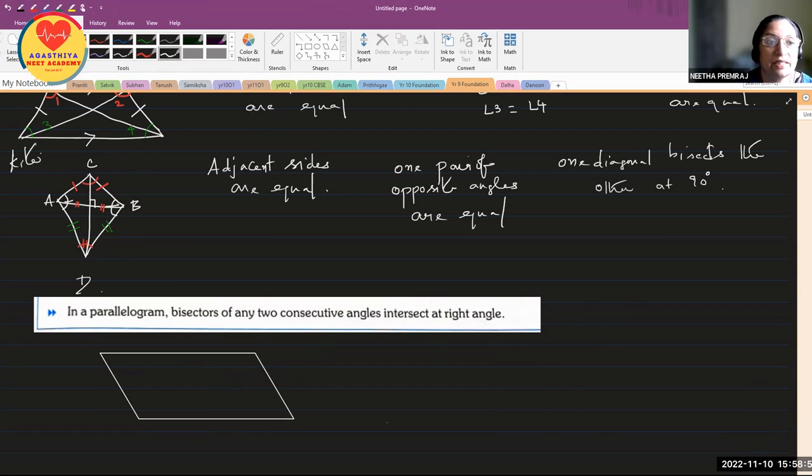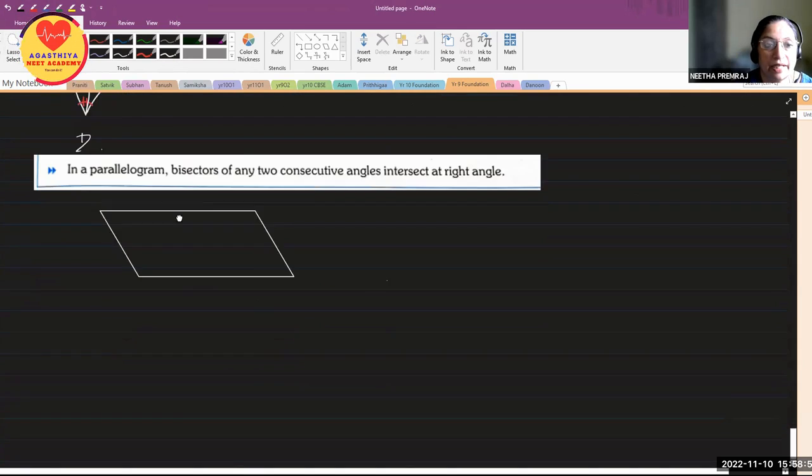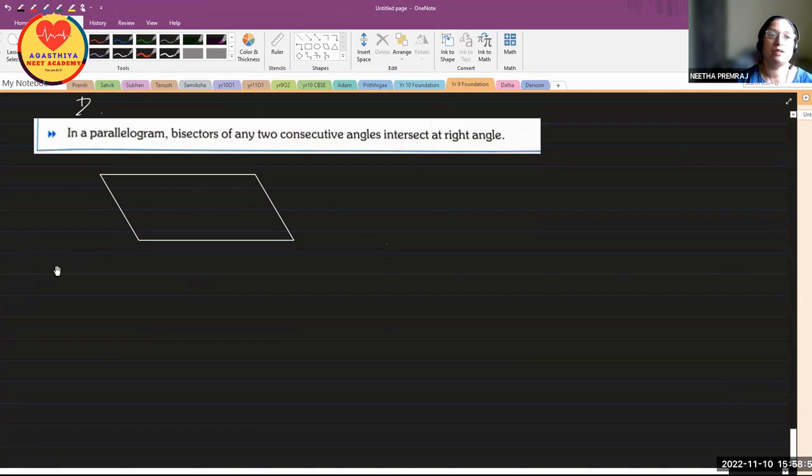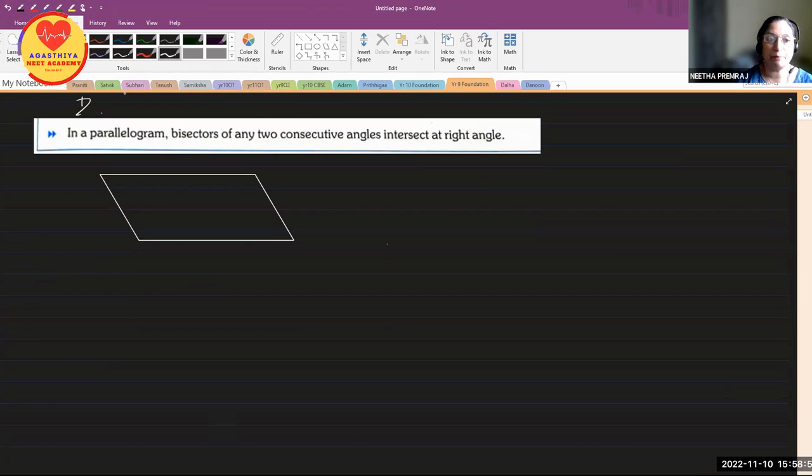Okay. So next, read this. In a parallelogram, bisectors of any two consecutive angles. Now I take these two angles. Consecutive means next, adjacent angles.